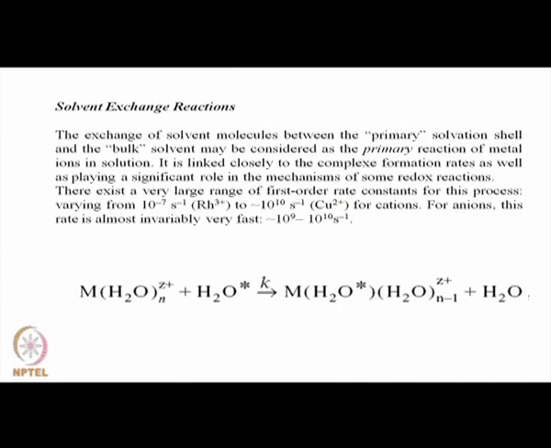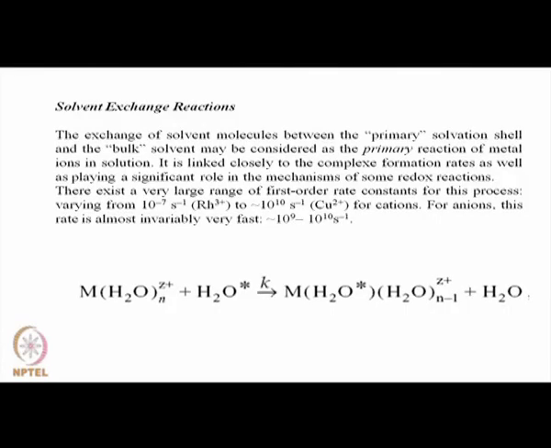Solvent exchange means your metal ion has a primary solvation cell very close to it, and the bulk is somewhere here. These solvent molecules are considerably different from those in the bulk, away from your charge.